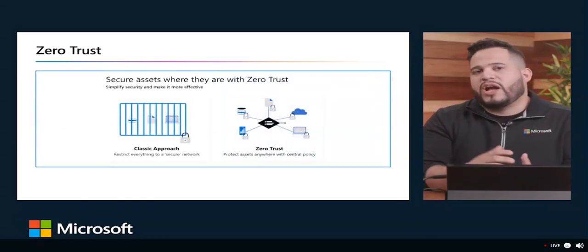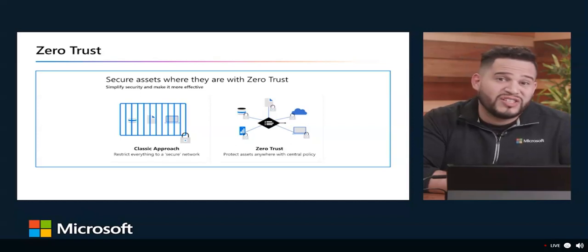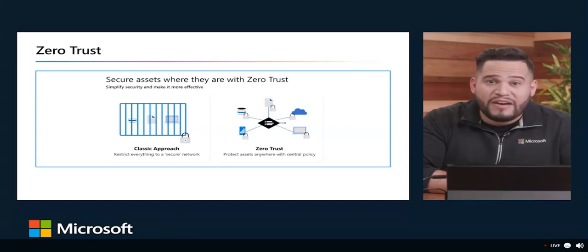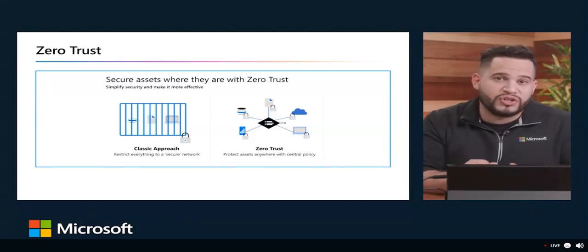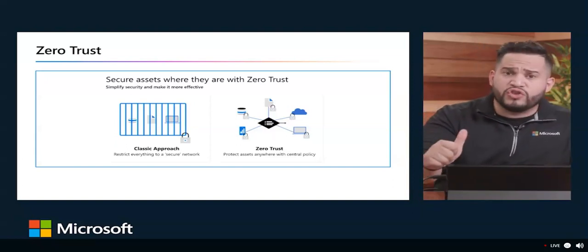Now let's move on to another concept, and this is called zero trust. Now, zero trust is a concept that assumes that everything is on an open and untrusted network. That's right, even your own corporate network. Now, I know what many of you are thinking. Well, I'm secure, Josh.